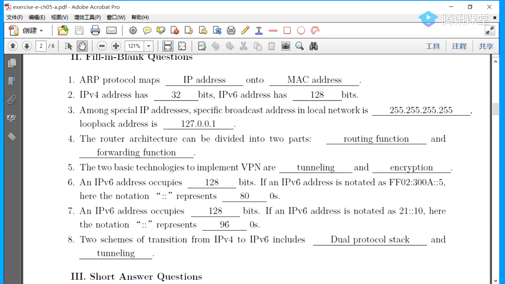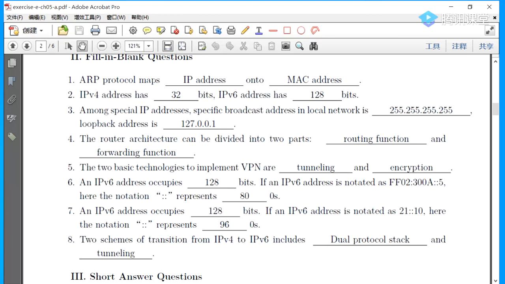The two basic techniques to implement VPN are tunneling and encryption. Question 6. An IPv6 address occupies 128 bits. It is the same as question 2.